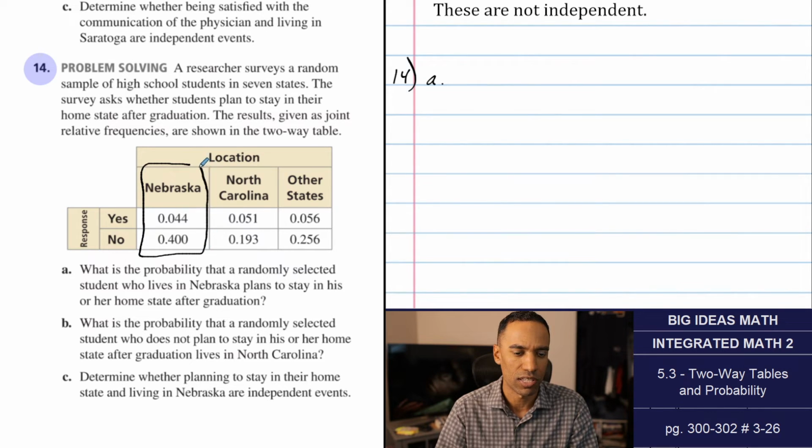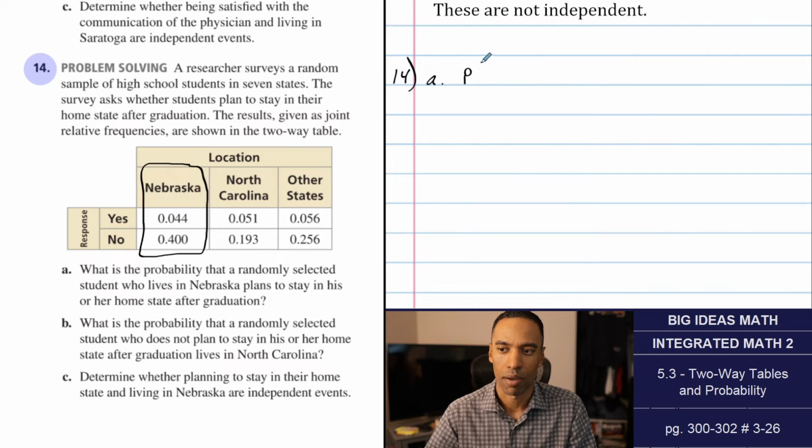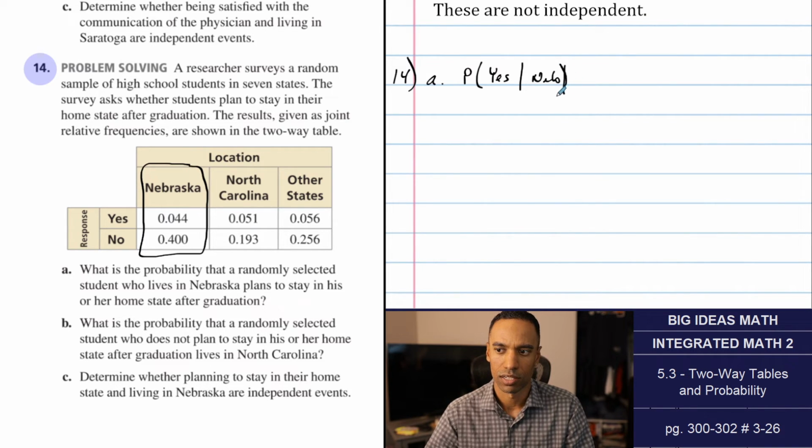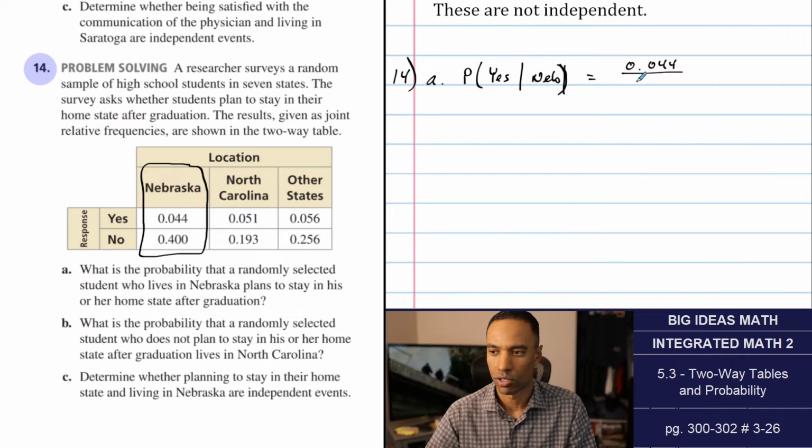So we're looking at Nebraskans. So if they plan to, that's a yes. Doesn't seem like many will. Probability of yes given Nebraska. Okay. So that's 0.044 out of the sum of, so this is the sum, 0.444.